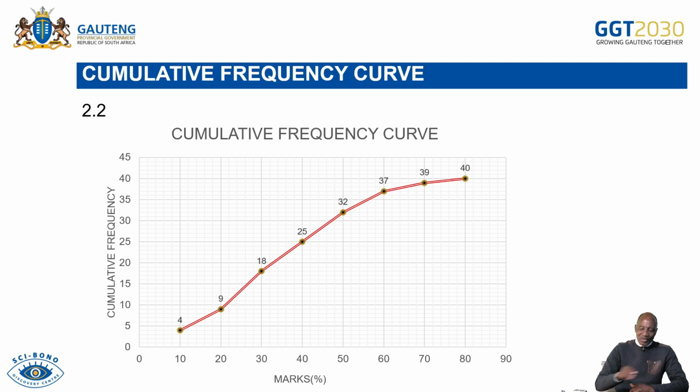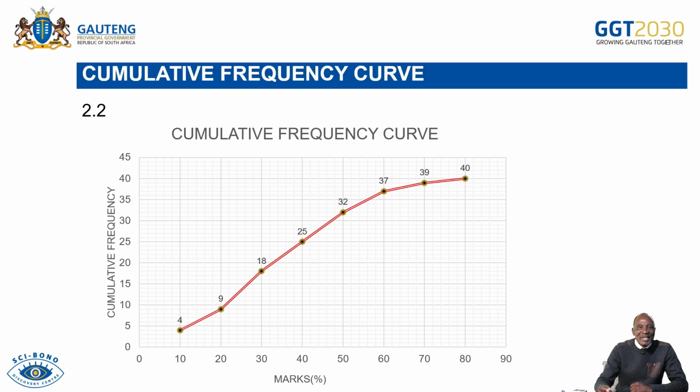Right. We have plotted exactly 1, 2, 3, 4, 5, 6, 7, 8 points. Those 8 points correspond to our 8 classes. There were 8 classes there. You'll realize that these points are bending out to form a curve.